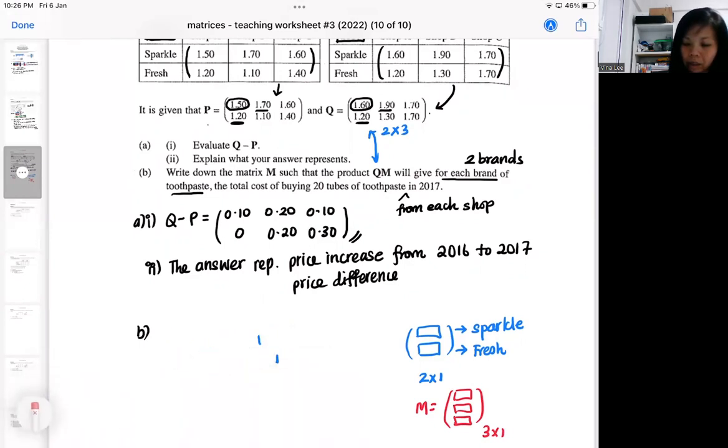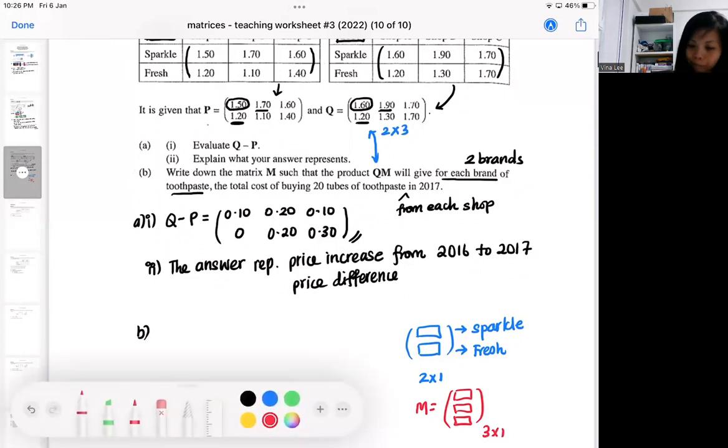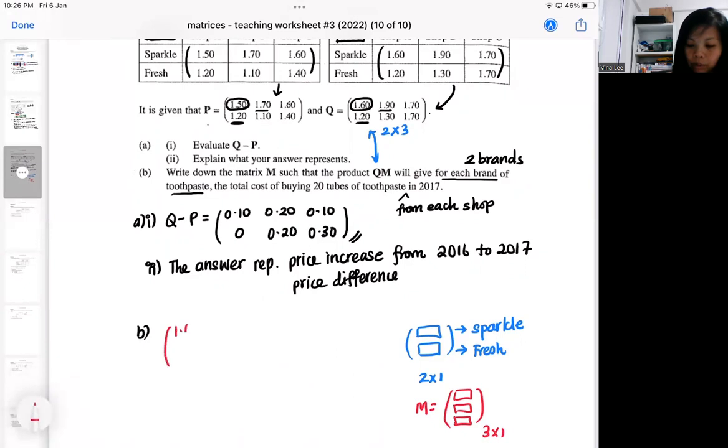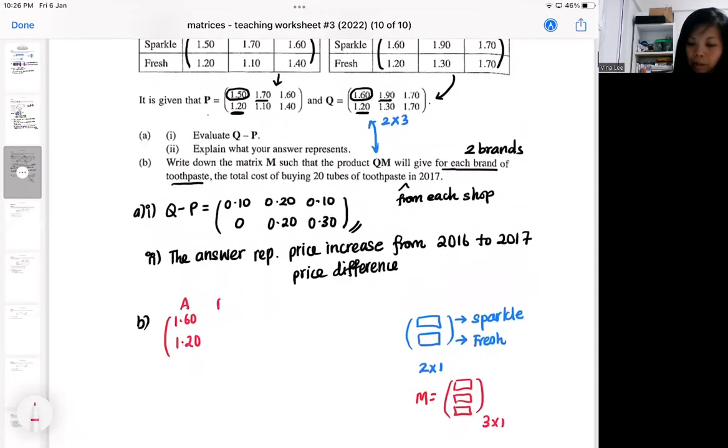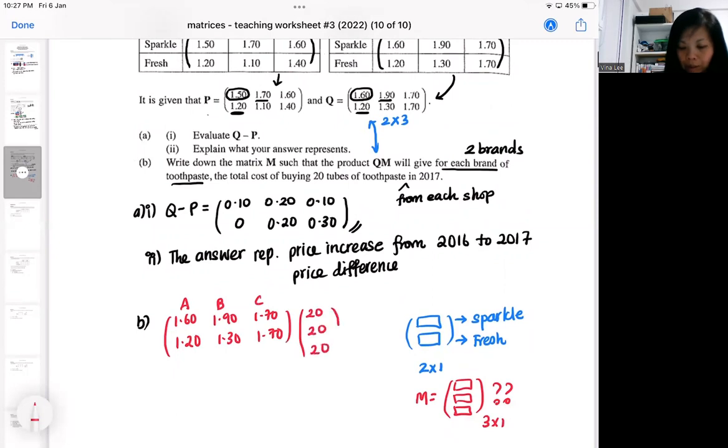To facilitate the thinking, it will be easier if you write out the matrix Q. To remember, this one is from shop A, B, C. And then you are getting 20 from each shop. This is the thing that I would like. So to fulfill the matrix multiplication, it should be 20, 20.